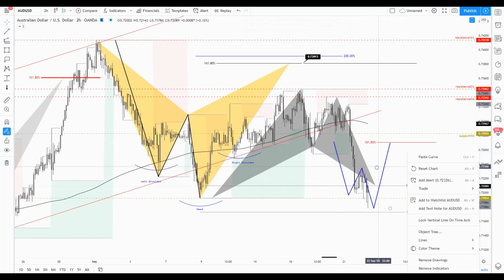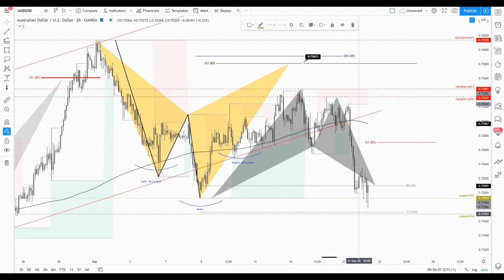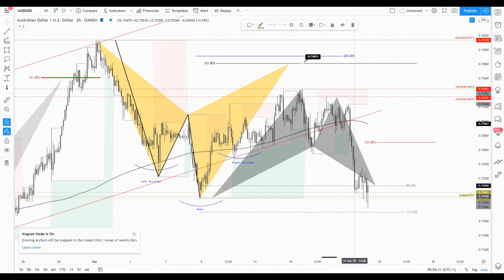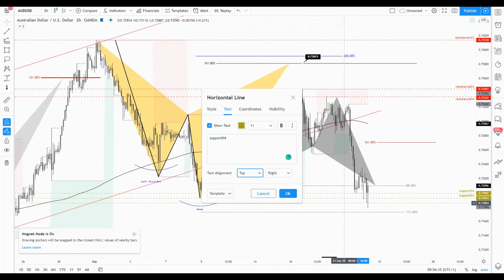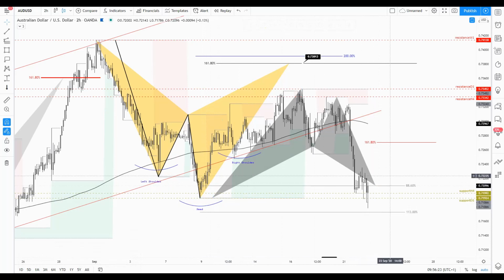We need to wipe this most recent fractal resistance printed above. Let me just adjust those levels. Fractal support, it was here, previous structural lows, false breakout below. There's a false breakout below, so the market has retested the daily fractal support and it has started to bounce from there.